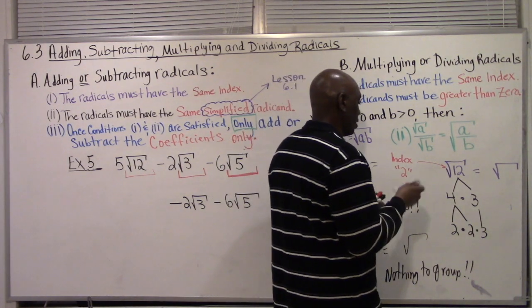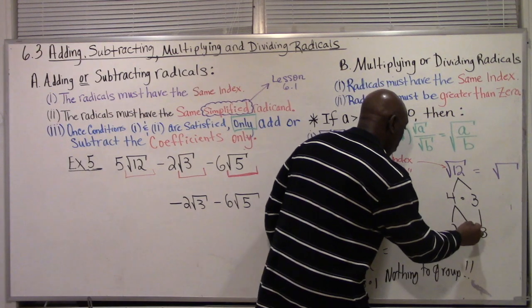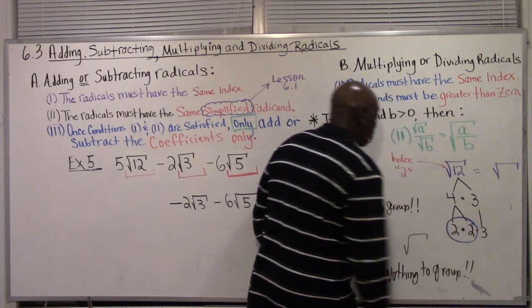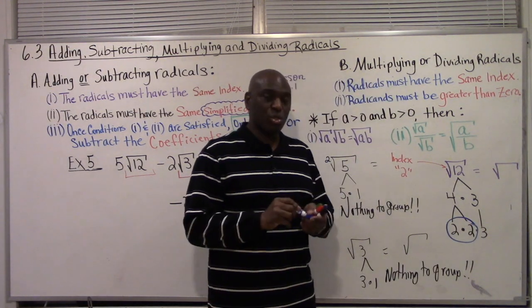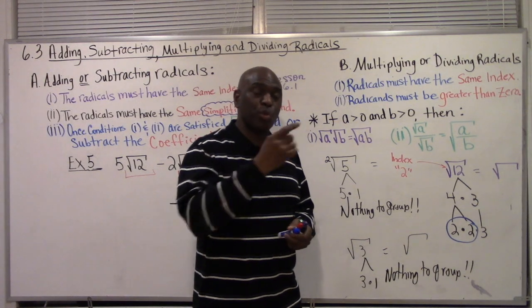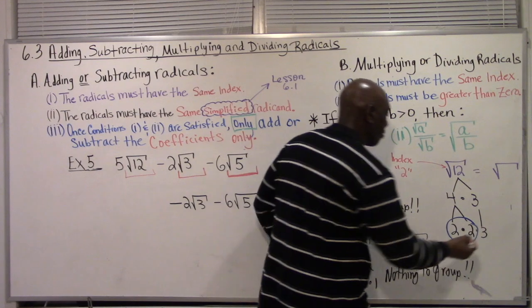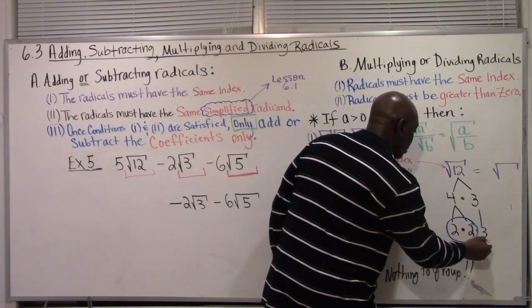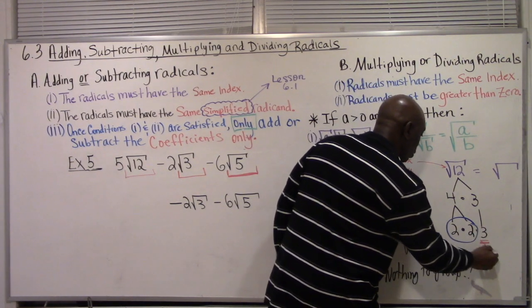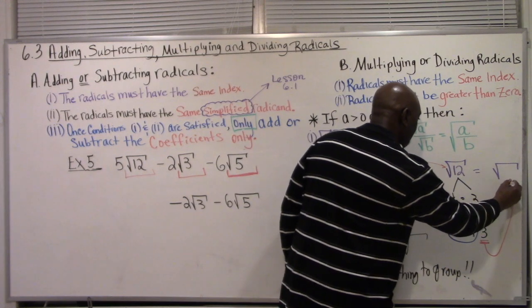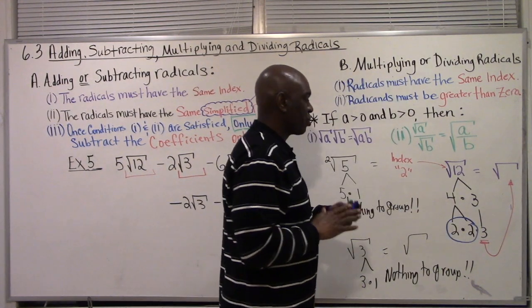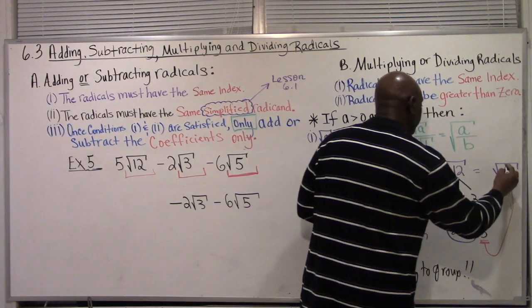And so I'm going to group these 2. All right. So what did not get grouped goes back inside the radical. So this 3 right here, that did not get grouped, that did not get circled, that joker goes right back inside. So the 3 goes in here.